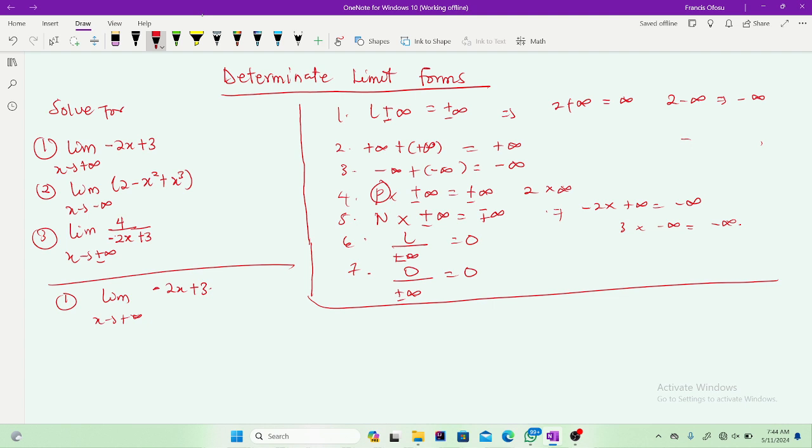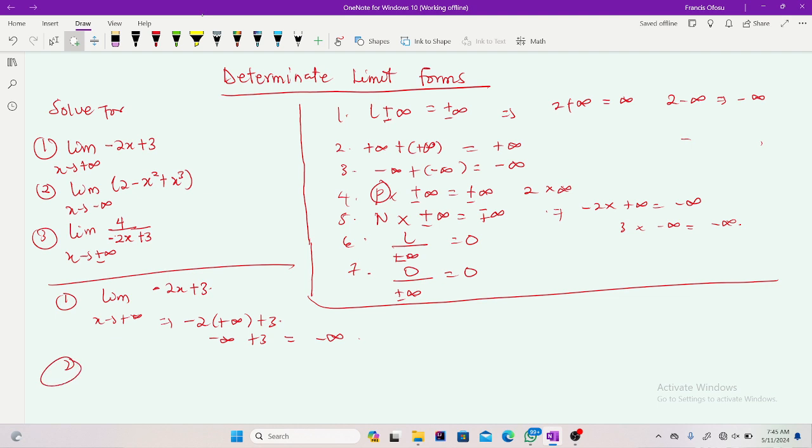You have a finite value multiplying x, so putting infinity in, I get negative 2 multiplying positive infinity, then plus 3. From the law, whenever a negative number multiplies a positive, you get a negative answer. So we get negative infinity plus 3, and remember, negative infinity plus a finite number gives negative infinity again. So the answer is negative infinity.